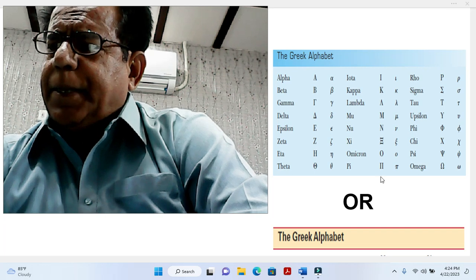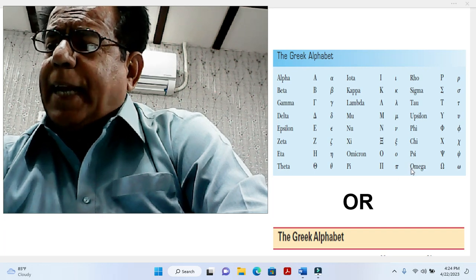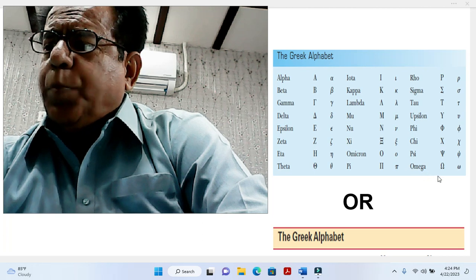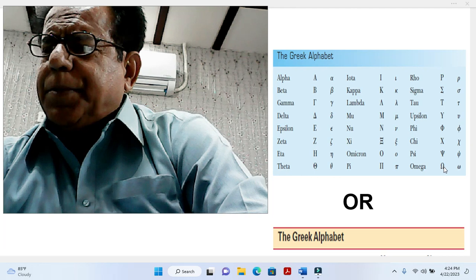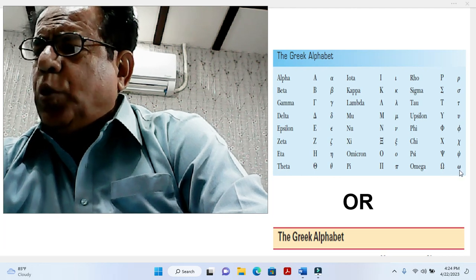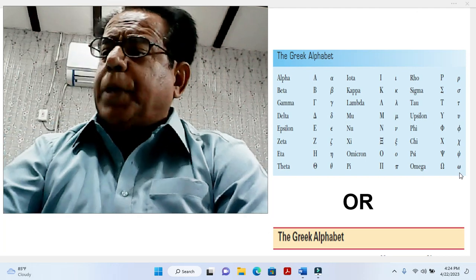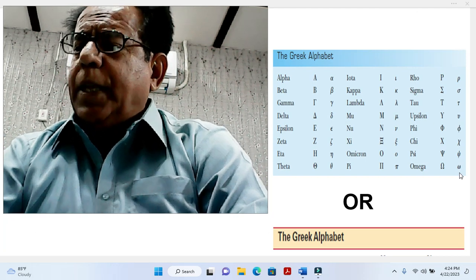The last row of the third column says omega. This symbol is the capital letter case, and this W-like symbol is the small letter case.